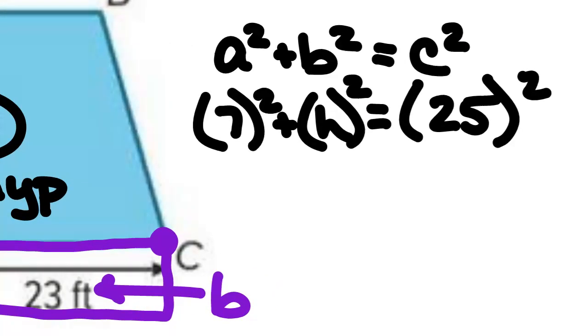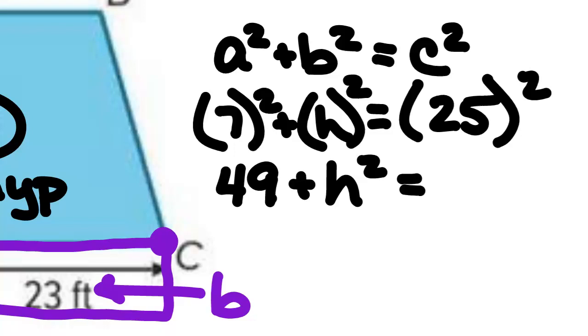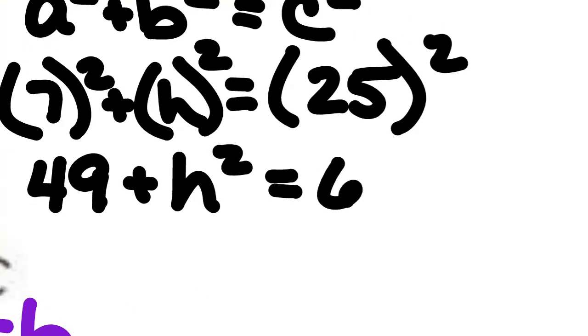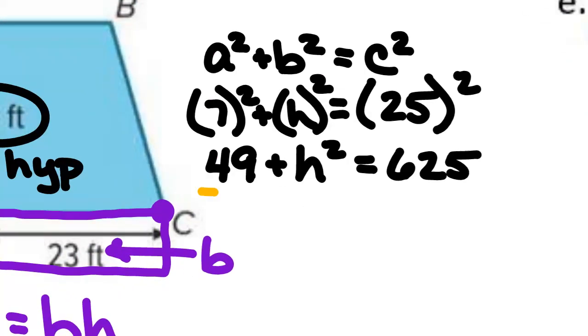What is 7 squared? 49. So 49 plus H squared equals, what is 25 squared? 625. Then we're going to subtract 49 from both sides.